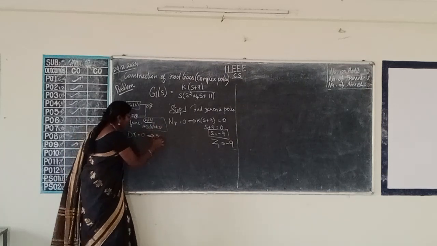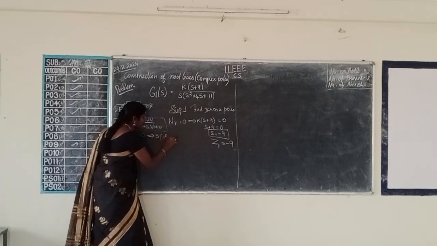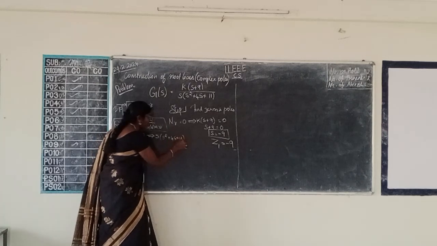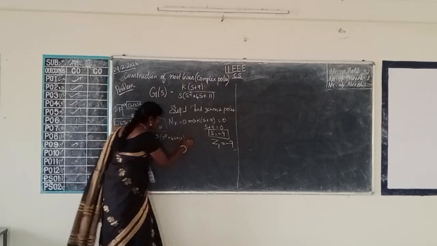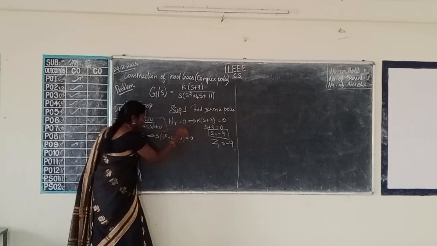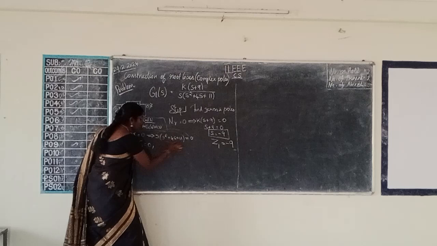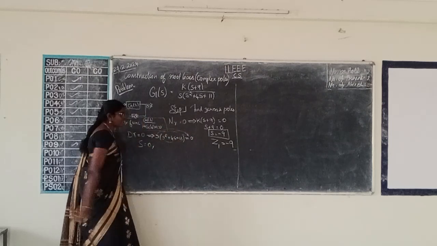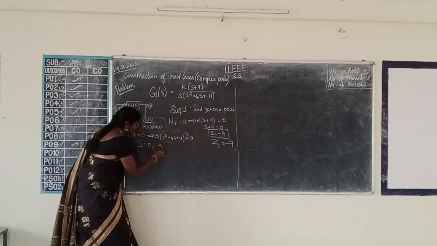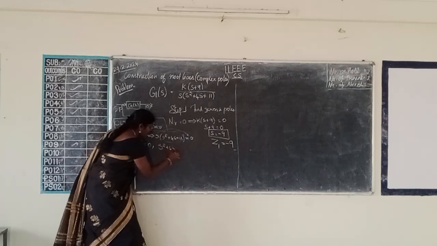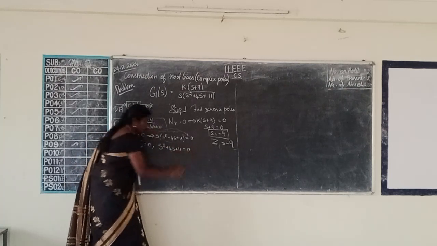Our denominator is s into s square plus 4s plus 11. Equating to 0, first we get s is equal to 0, and the second term s square plus 4s plus 11 is equated to 0.